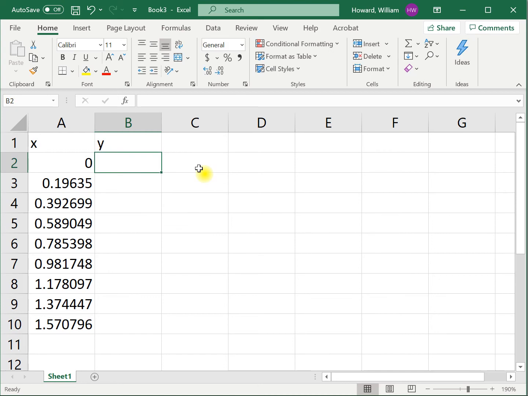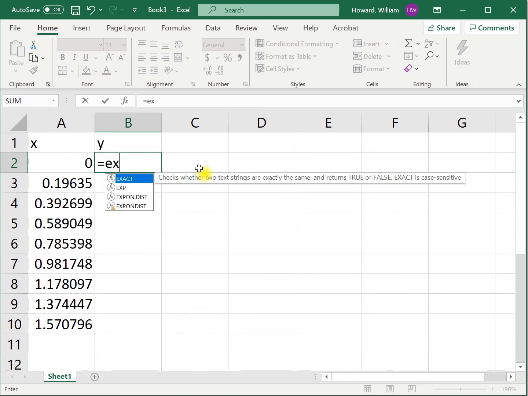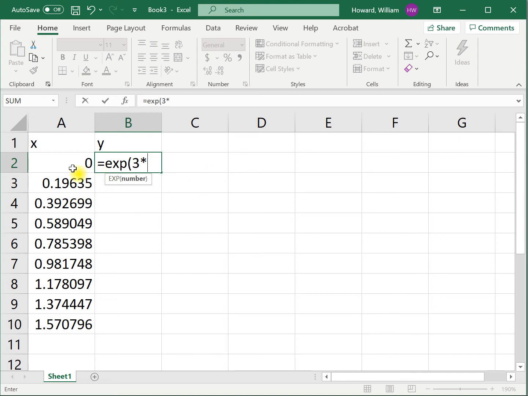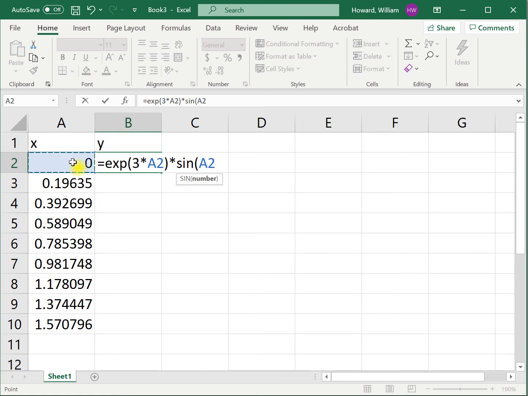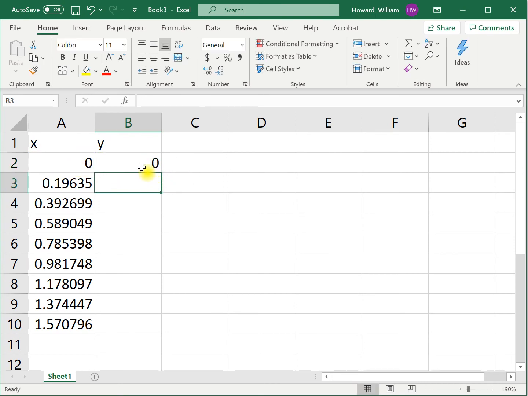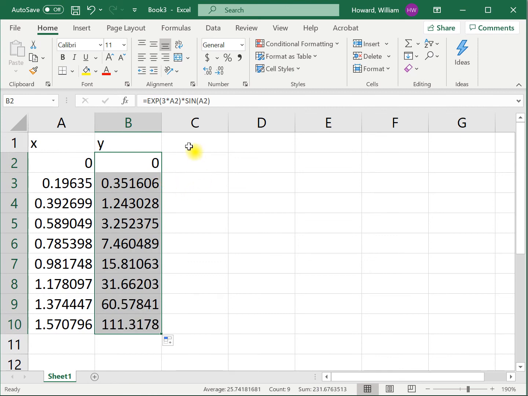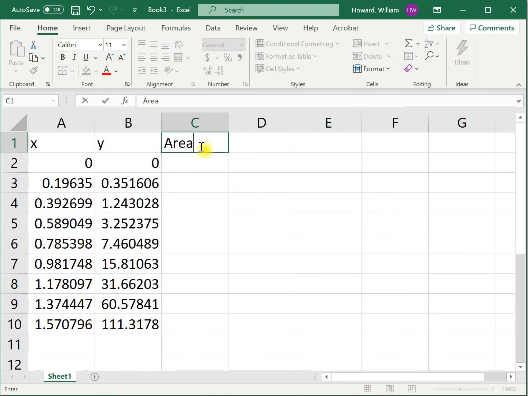Okay, now our y values, we just type in the equation. So equals exp for exponent of 3 times x, and that gets multiplied by the sine of x. Alright, we'll copy that formula down to the bottom, and now we'll calculate the areas.